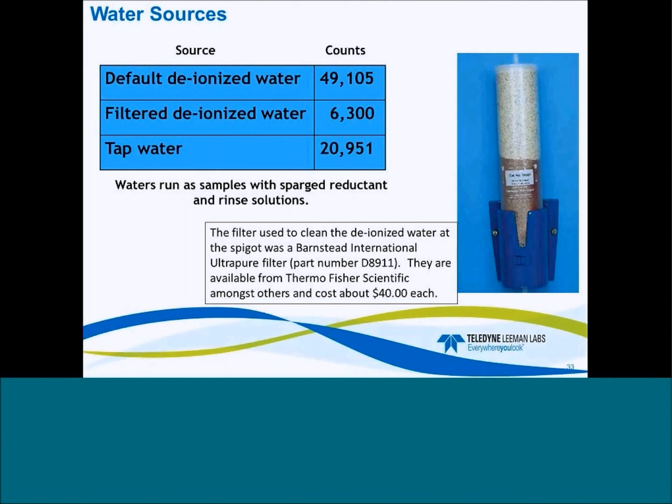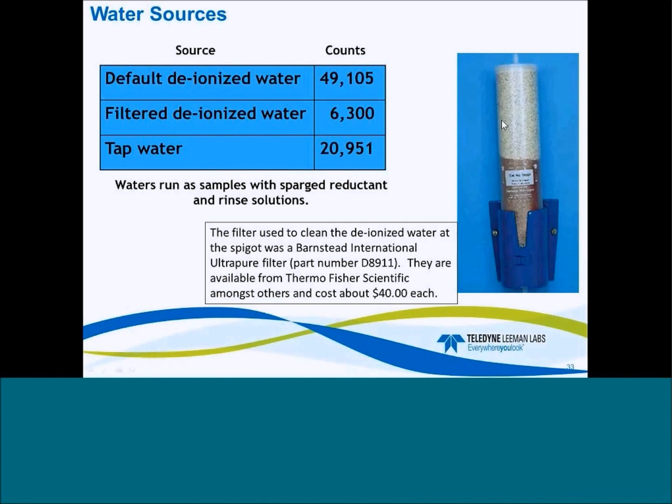At one location, we found that the deionized water that was coming out of the spigot, which was located probably 50 to 100 feet from the deionizer itself, was higher in mercury than the tap water, about 2.5 times as high as the tap water concentration in mercury.